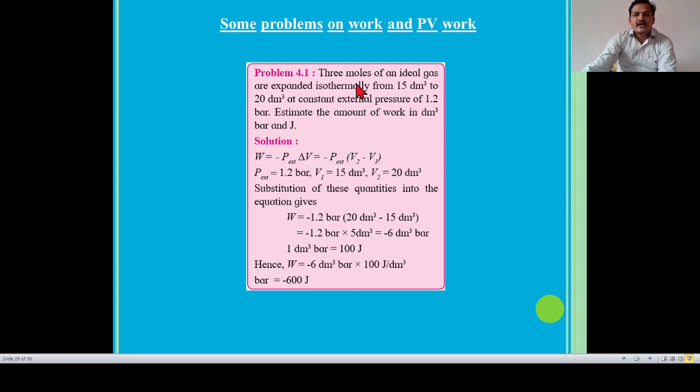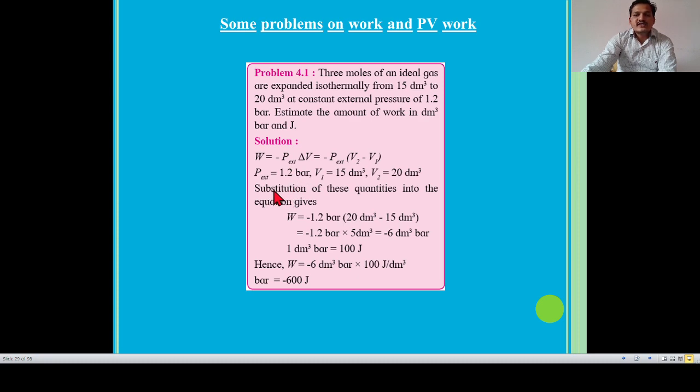Okay. Then 3 moles of ideal gas expanded isothermally from 15 dm³, which means the initial volume of the gas V1 is 15 dm³, to 20 dm³, that is the final volume of gas V2 is 20 dm³, at constant external pressure of 1.2 bar, that is P external is equal to 1.2 bar.